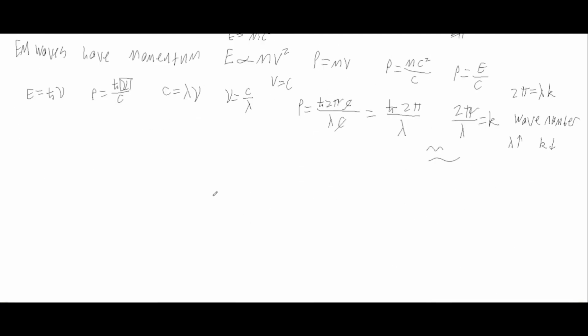And so from that relation, we can then say that p is equal to h bar k, because we went through all this and the h bar stayed here, but we said that this part was equal to k, so we can say that p is equal to h bar multiplied by k, and this is what is called the de Broglie relation.